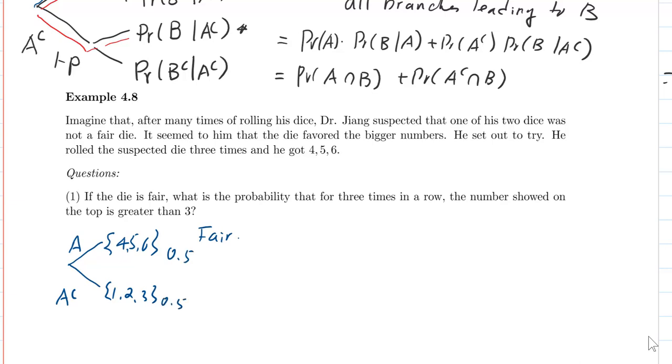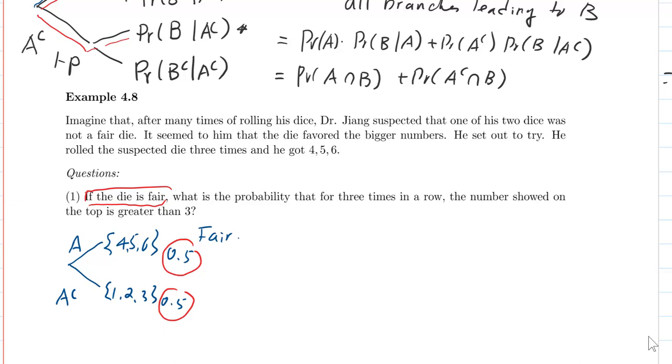This is the assignment of probability. If the die is fair and we roll the die once, we have a 50% chance to get either 4 or 5 or 6, and a 50% chance to get 1, 2, 3, these smaller numbers.